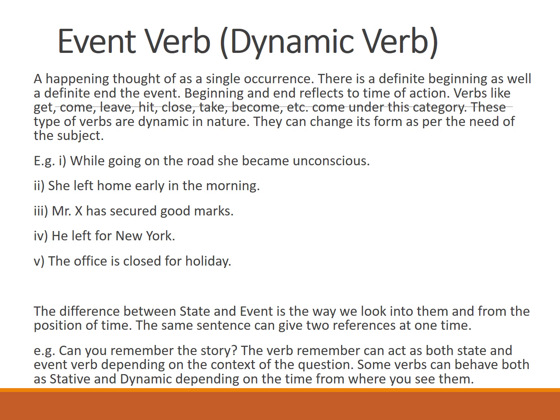The difference between state and event is the way we look at them, from the position of time. So it depends upon the position of time, and when we look at them, the same sentence can give two references at one time. For example, can you remember the story? The verb remember can act as both a state and an event verb depending on the context of the question.